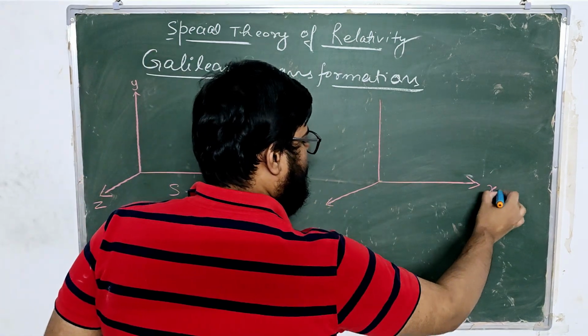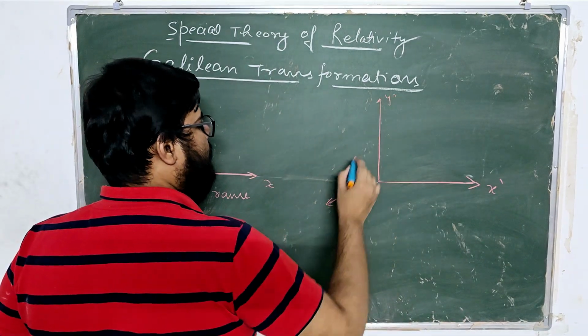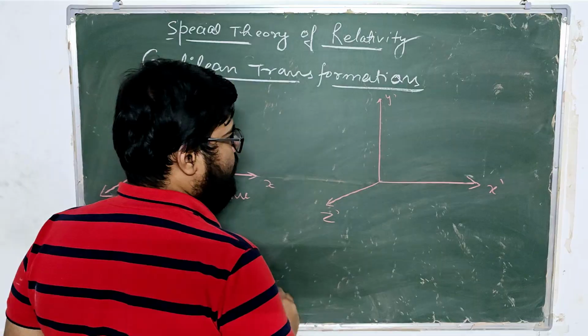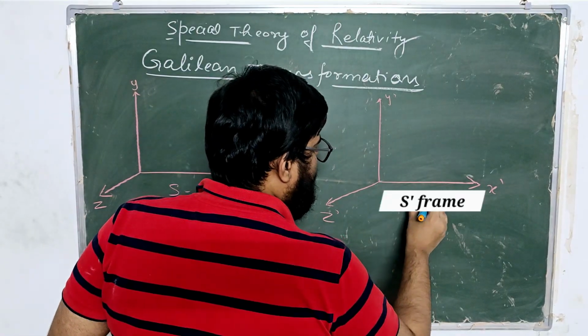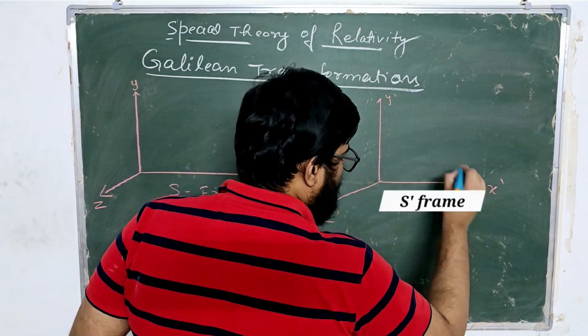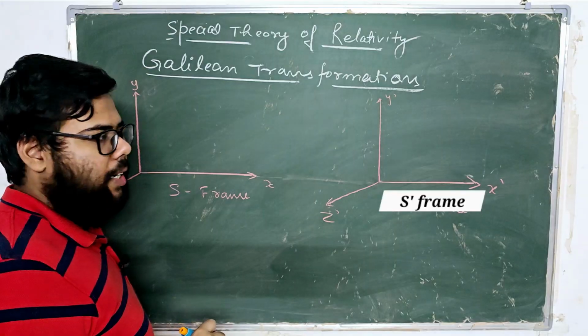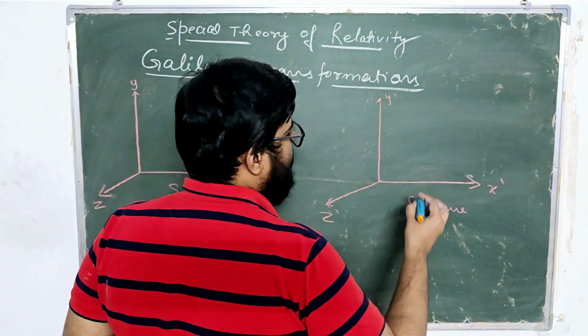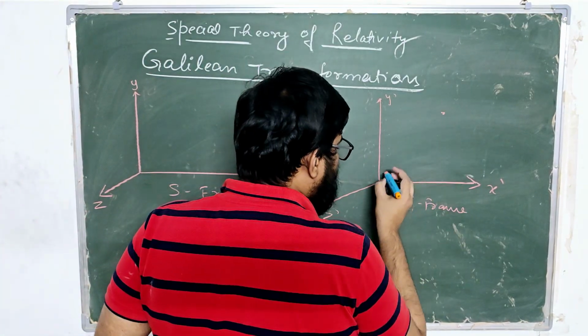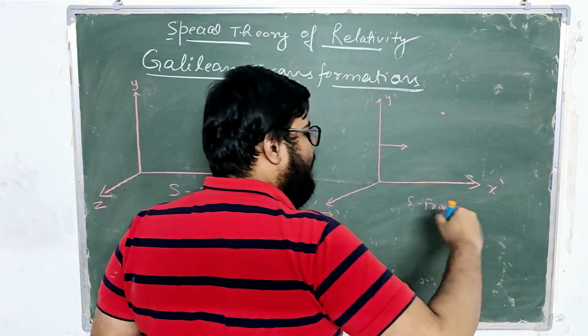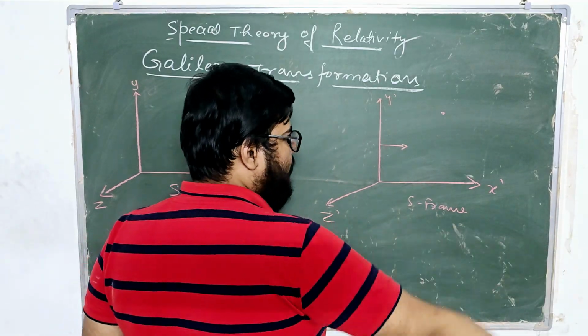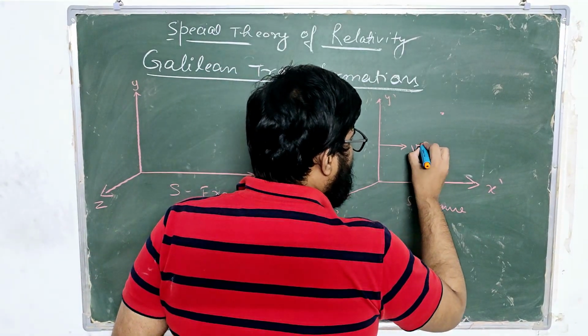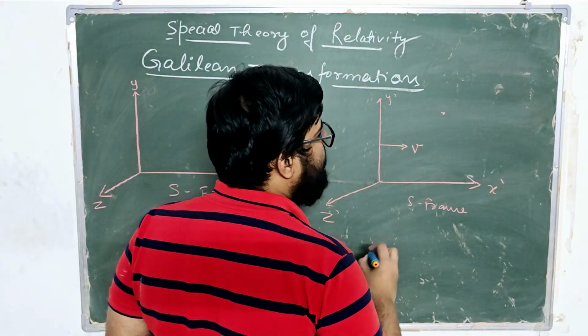Suppose this is the x dash axis, this is the y dash axis, and this is the z dash axis, the S dash frame. And suppose this frame is moving along the x axis with a velocity v.